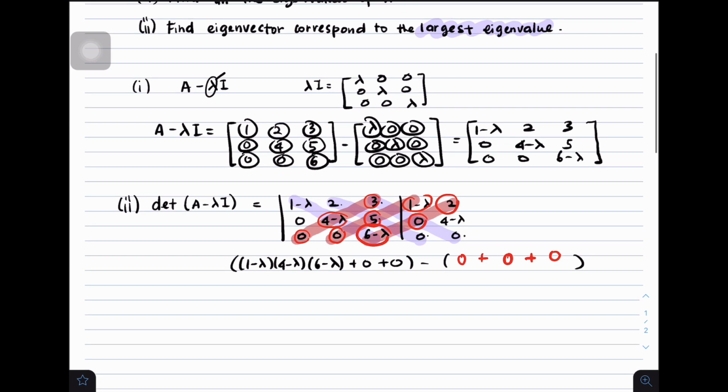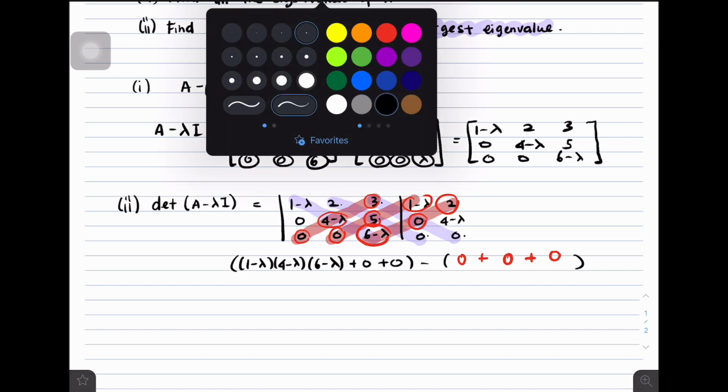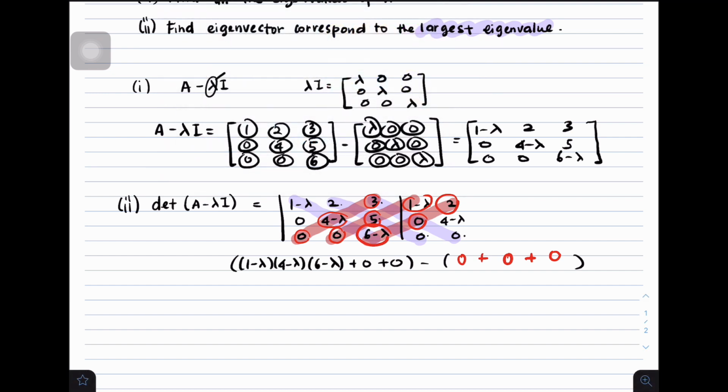So for the determinant of A minus lambda I, you will have only this one: the determinant of A minus lambda I is equal to 1 minus lambda multiplied by 4 minus lambda multiplied by 6 minus lambda, because this one plus 0 will give you the same thing.